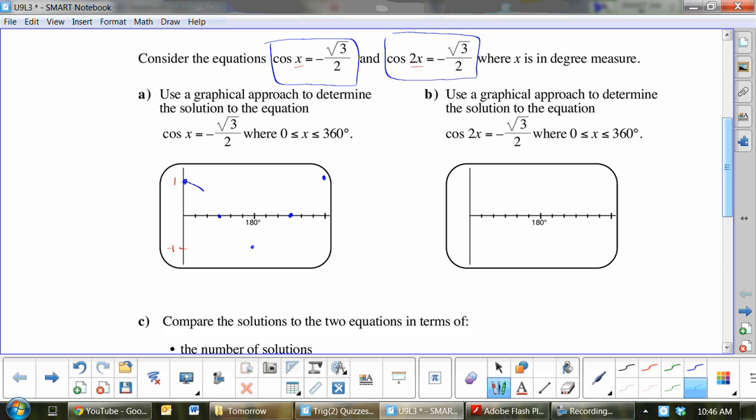So this is what a cos graph looks like. So that's cos x. Now, if you go and do negative root 3 over 2 down here, it will go through here and here.